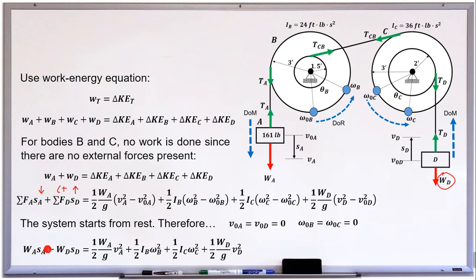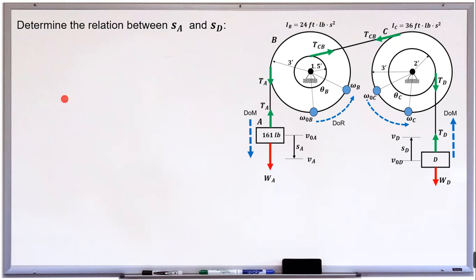So we need to solve for the values of these in order to solve for our ultimate unknown, which is the weight of block D. That is why we will proceed to the next step, the determination of the relation between SA and SD, that is, the displacement of A and the displacement of D.